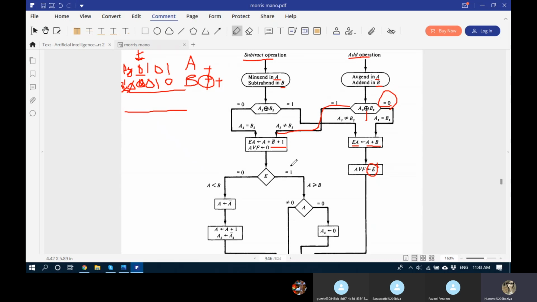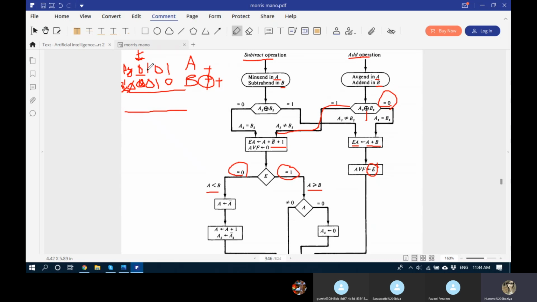So you get a carry when A is greater or equal to B. A is minuend. Okay. When A is smaller than B, carry is not generated. So it comes this way.